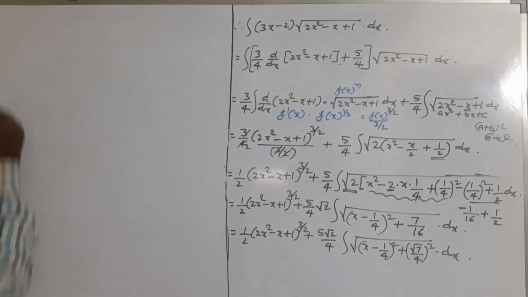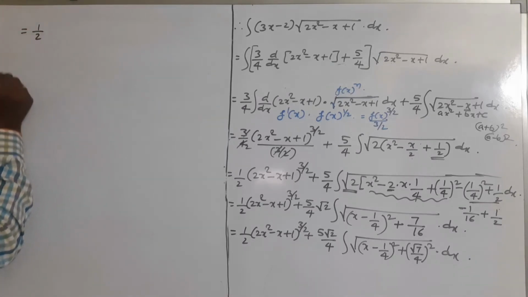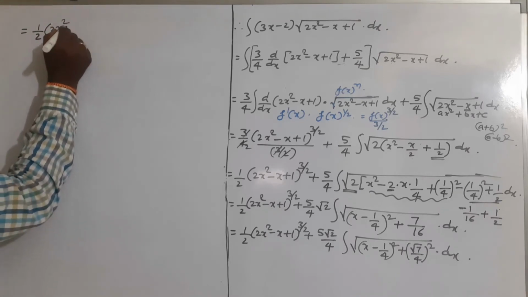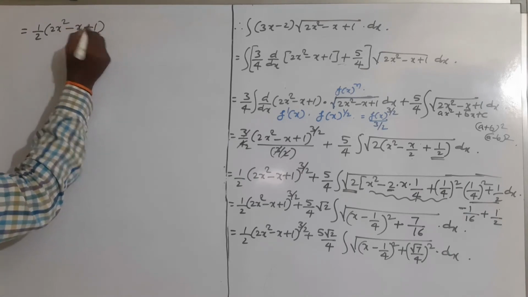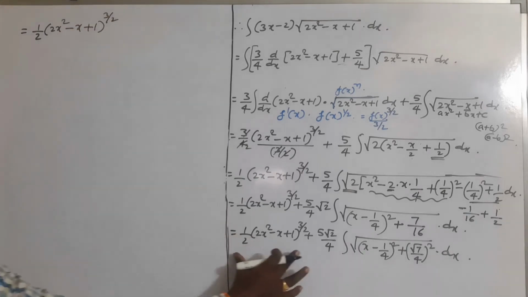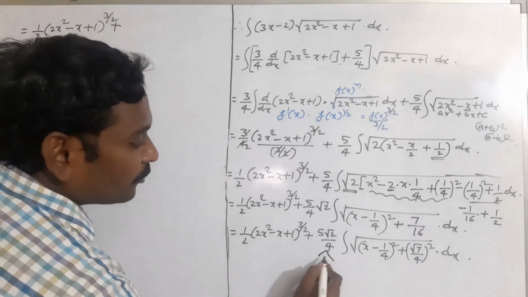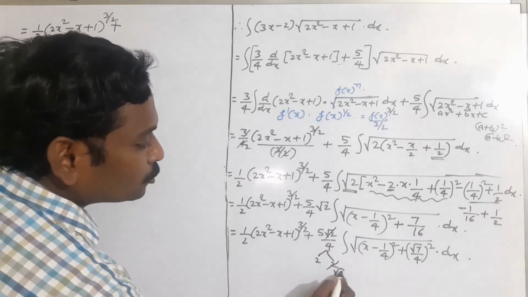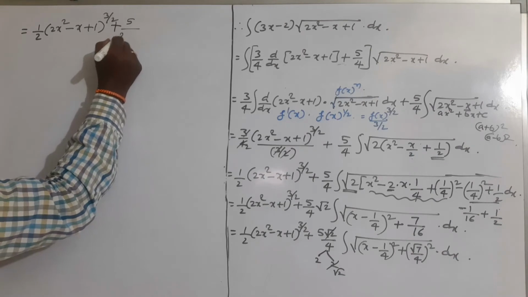See, that is equal to half into, the first part is the same, (2x square minus x plus 1) whole power 3 by 2. This is the first part, plus, if we write 4 as 2 into 2, then root 2 gets cancelled. So it can be written as 5 over 2 root 2.